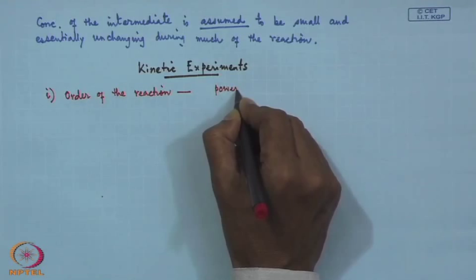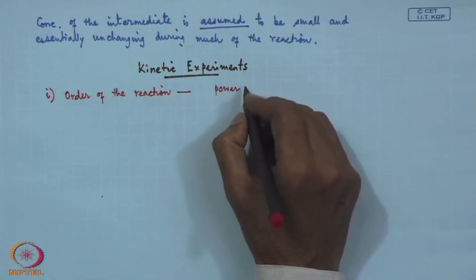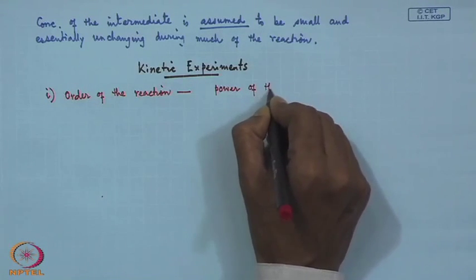So, how we find out the order depends on the power of the reactant concentration, and how it is dependent on the rate of the reaction.